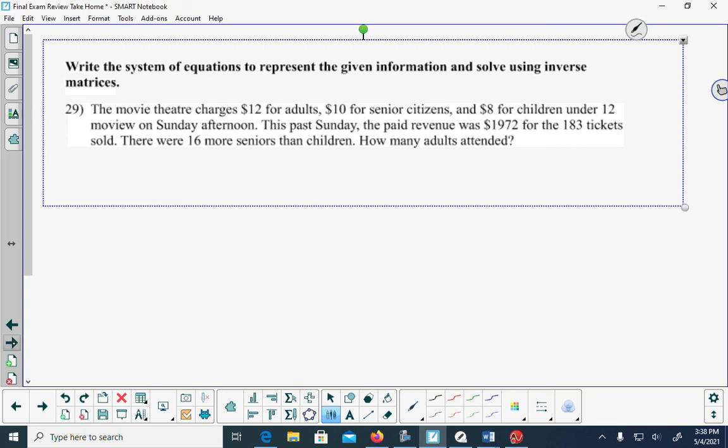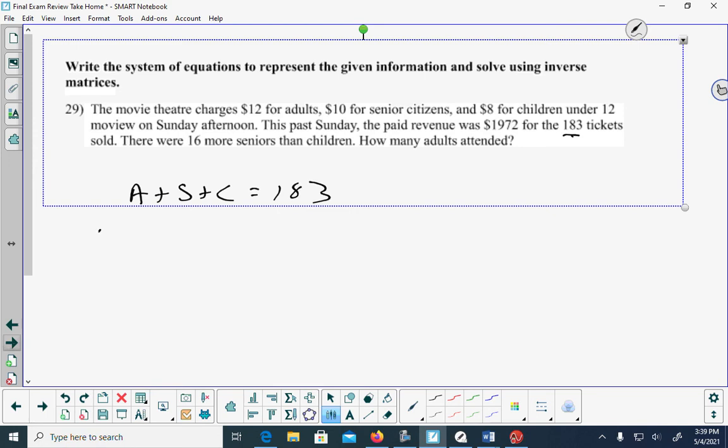All right, so here we go. Ready? I am going to say A is for adults, S is for seniors, C is for children. So my adults plus my seniors plus my children tell me how many tickets I sold, which is 183.